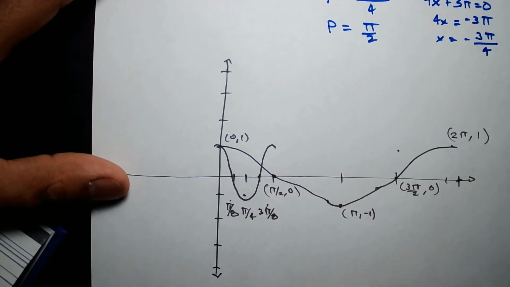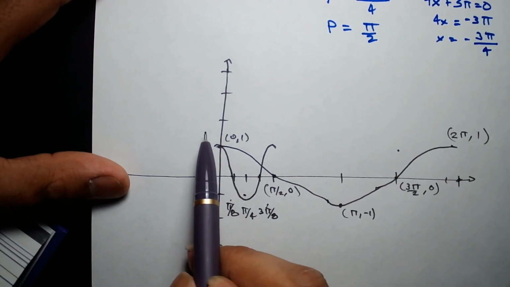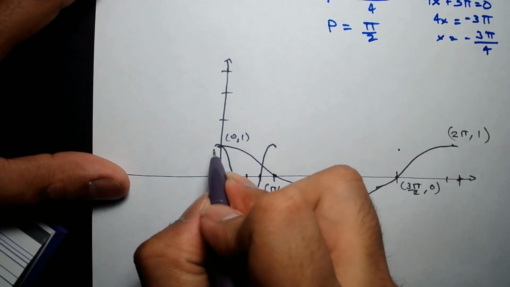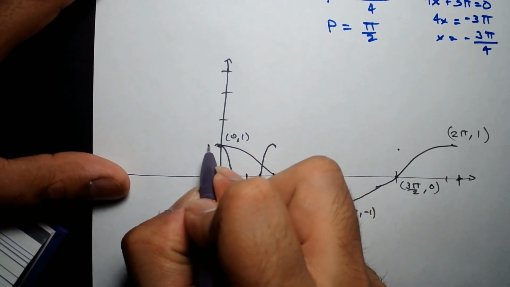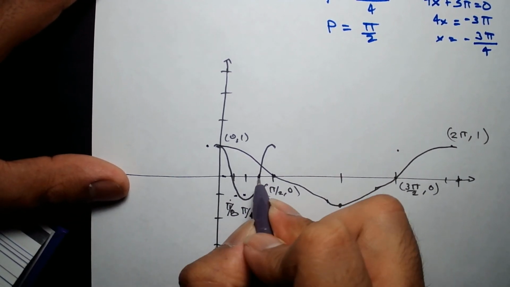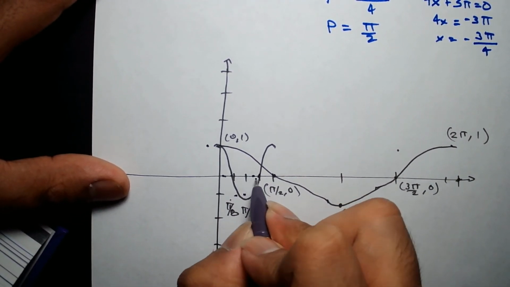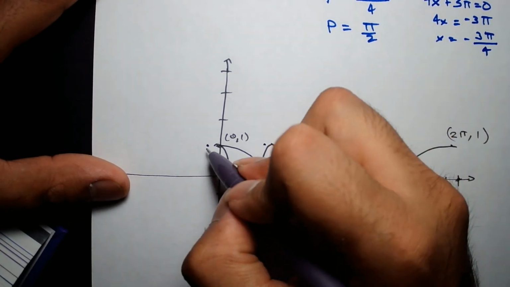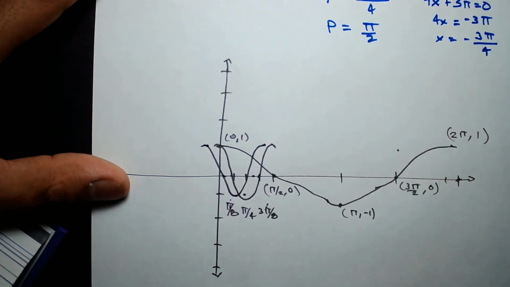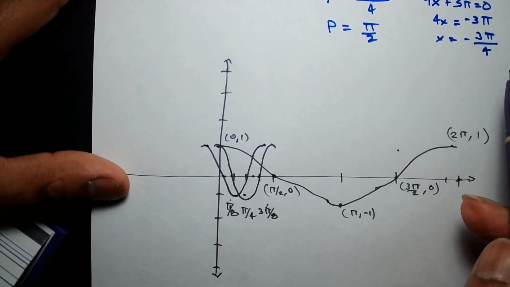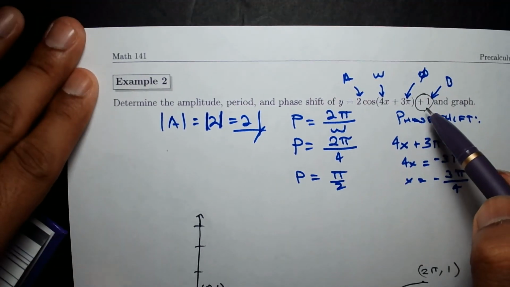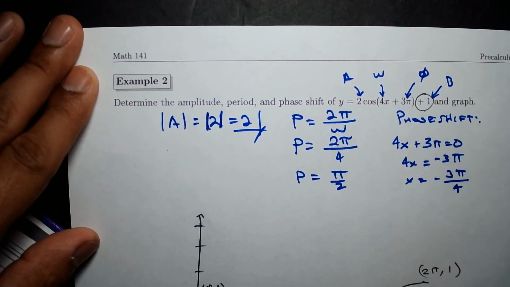That means all the x values, I need to move them 3 pi over 4 units. What I usually do is shift this point and then that point and then that point. It's a little bit hard to do, so all I'm doing is shifting 3 pi over 4 units to the left, and then everything finally 1 unit up.